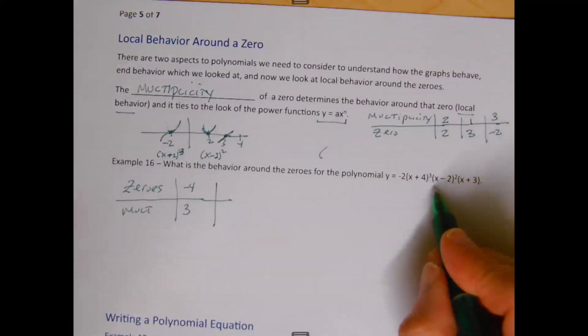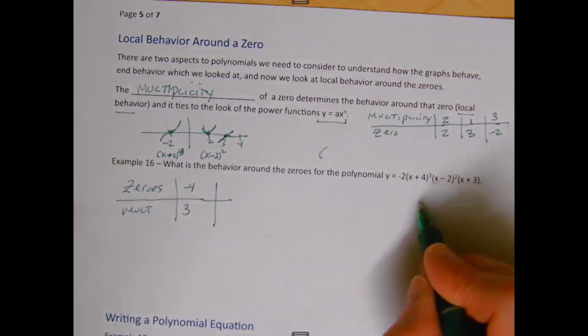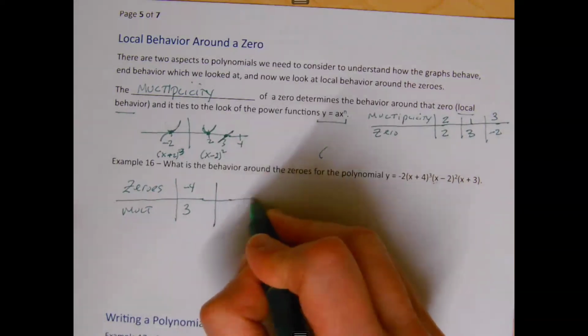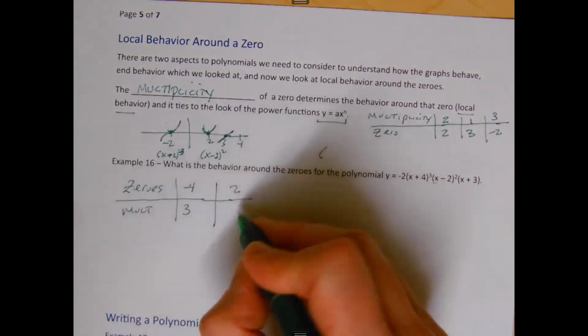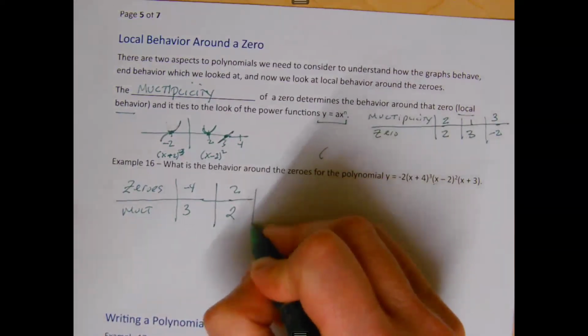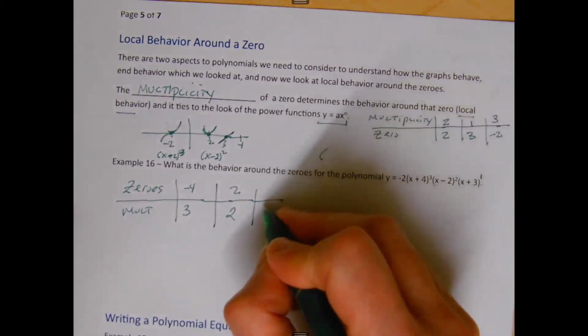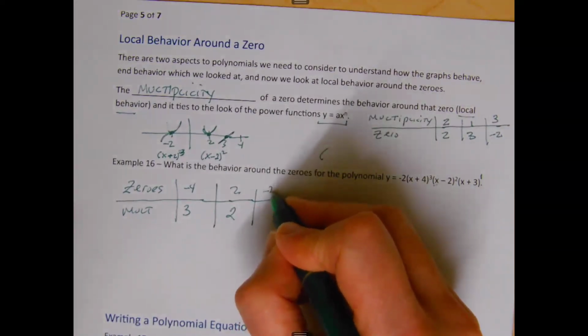If I make this variable 2, this particular factor turns to 0, since 2 minus 2 is 0. So that's a zero at 2, and it's a multiplicity 2 because the power here is a 2. Finally, if I make x equal to -3, -3 plus 3 is 0, but this is to the first power, so this is a multiplicity 1.